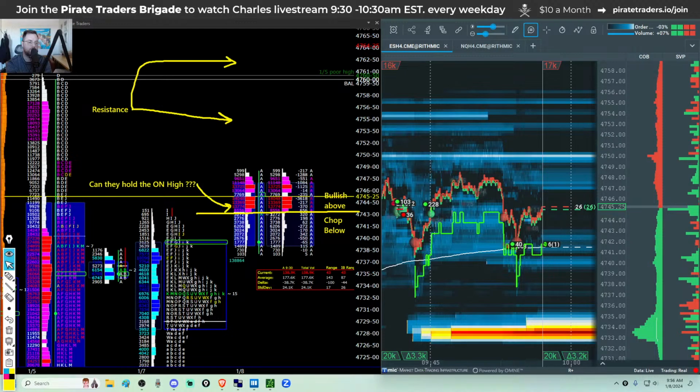So here, as price starts to move away, do they start adding more liquidity there? Or do they start disappearing it? Do they start giving up on it?